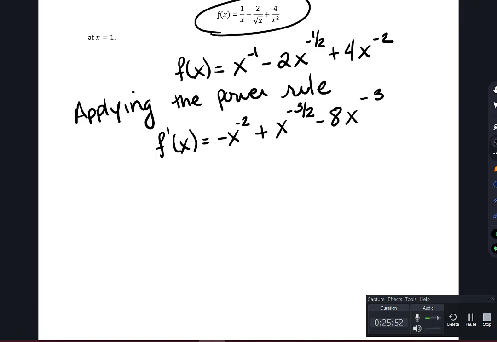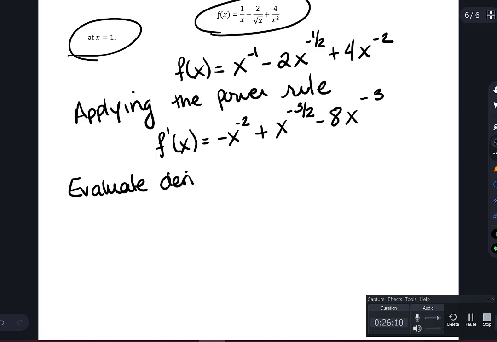So this gives me the derivative, and again, remember that the derivative can help me find the slope of the tangent line. I'm interested when x is equal to 1. So I need to do two things. The first is I'm going to evaluate the derivative at x is equal to 1, and this is going to help me find the slope of the tangent line.